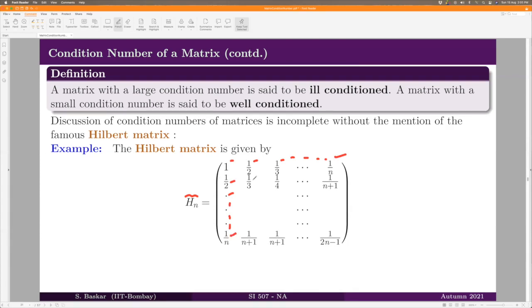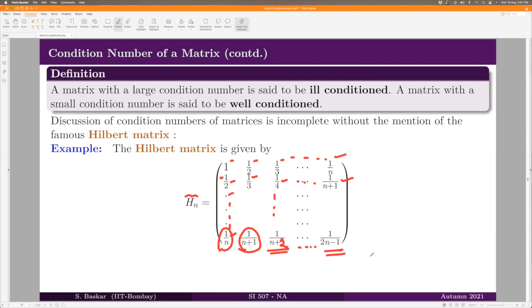Now in the second row, you start with 1 by 2, therefore the next one will be 1 by 3, 1 by 4, and goes on till 1 by n plus 1. Like that it goes on. Since the last row starts with 1 by n, from there it goes as 1 by n plus 1, 1 by n plus 2, and so on till 1 by 2n minus 1. This is called Hilbert matrix.